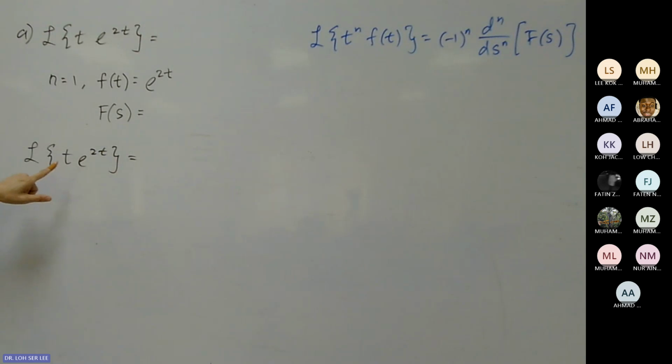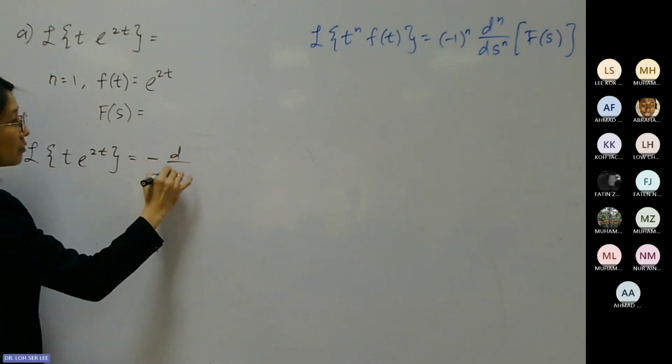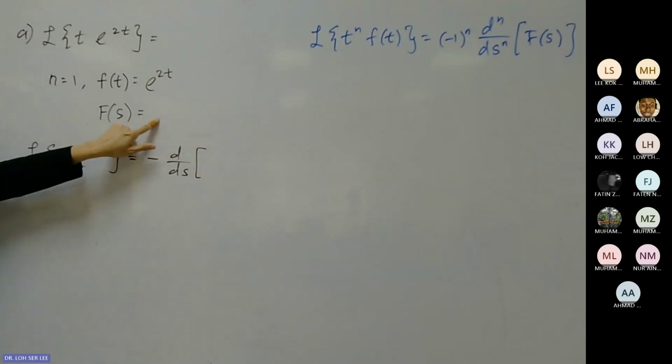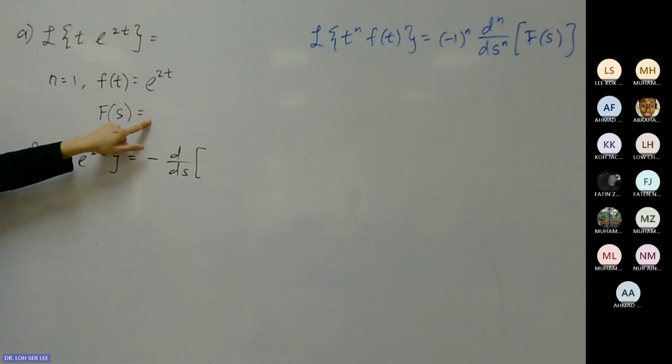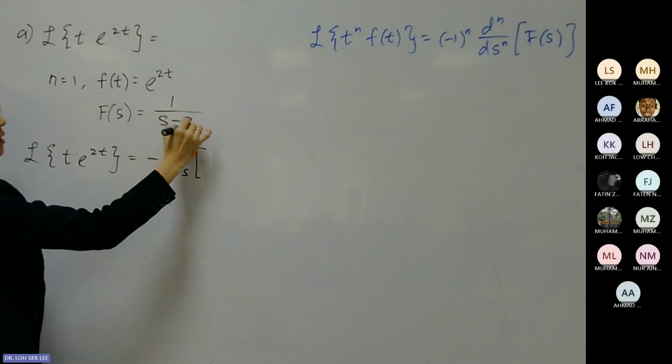Because your n is 1, you have a negative sign, and then you have d over ds. So what is the function here? What is your e^(2t)? After you Laplace transform, you have 1 over s minus 2.